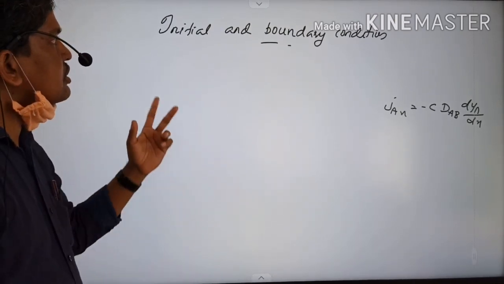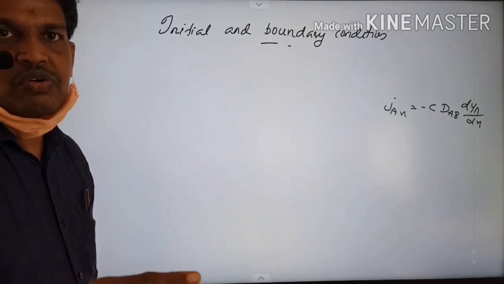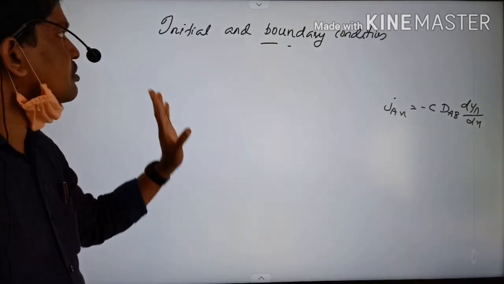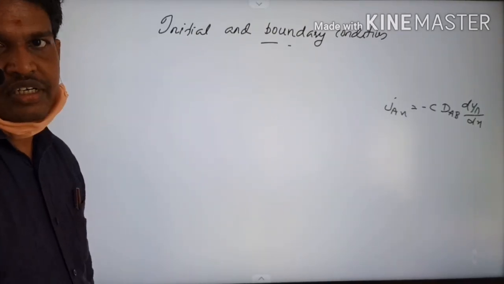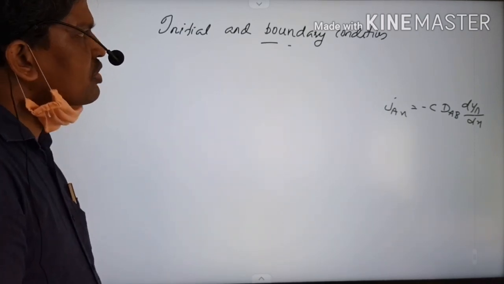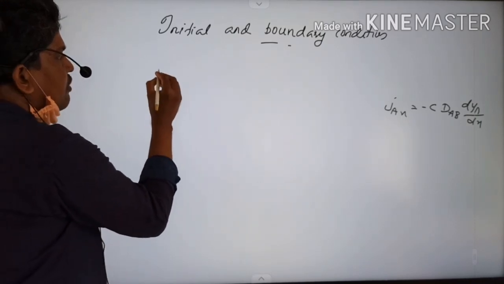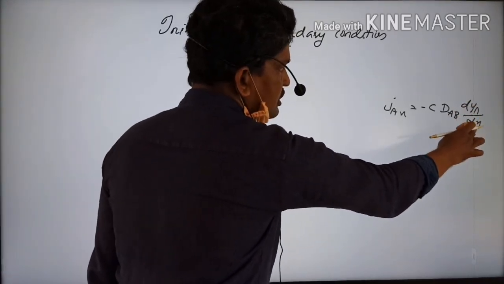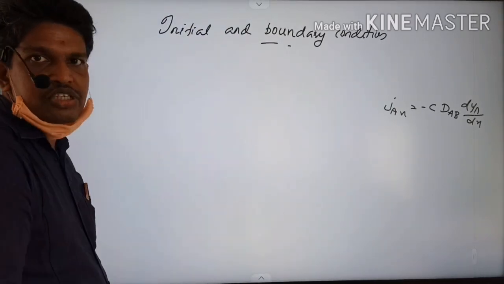So we need the value of concentration at time t is equal to 0 or t is equal to t1. It's known as the initial condition. You have already seen it in unsteady heat conduction, so I am not explaining. Next one is boundary condition. Boundary condition means we need the value of concentration when x is equal to 0 or when x is equal to L.